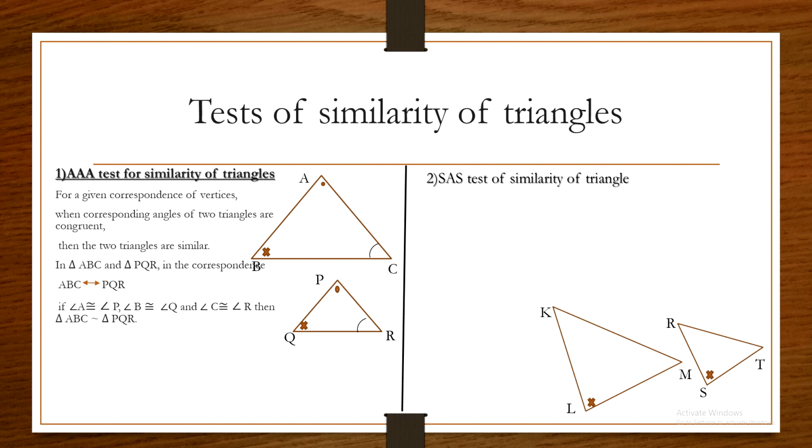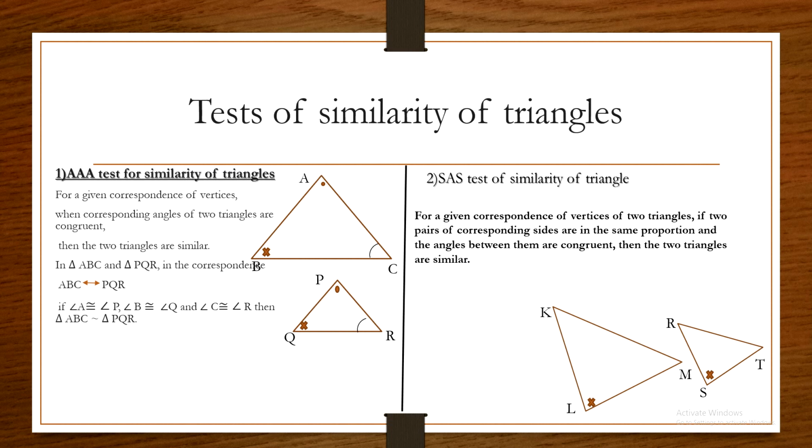Angle L is congruent to angle S. For a given correspondence of vertices of two triangles, if a pair of corresponding sides are in the same proportion and the angles between them are congruent, that means angle L is congruent to angle S, we take the ratio of sides KL upon RS equal to LM upon ST. If the ratio of the two corresponding sides is in the same proportion and the angle between the sides, angle KLM, is congruent to angle RST, then we can say that triangle KLM is similar to triangle RST.